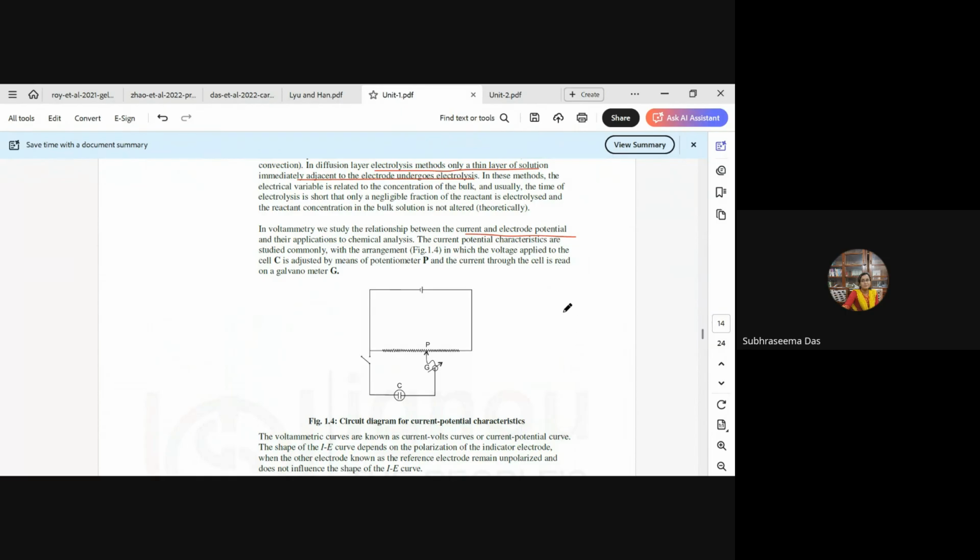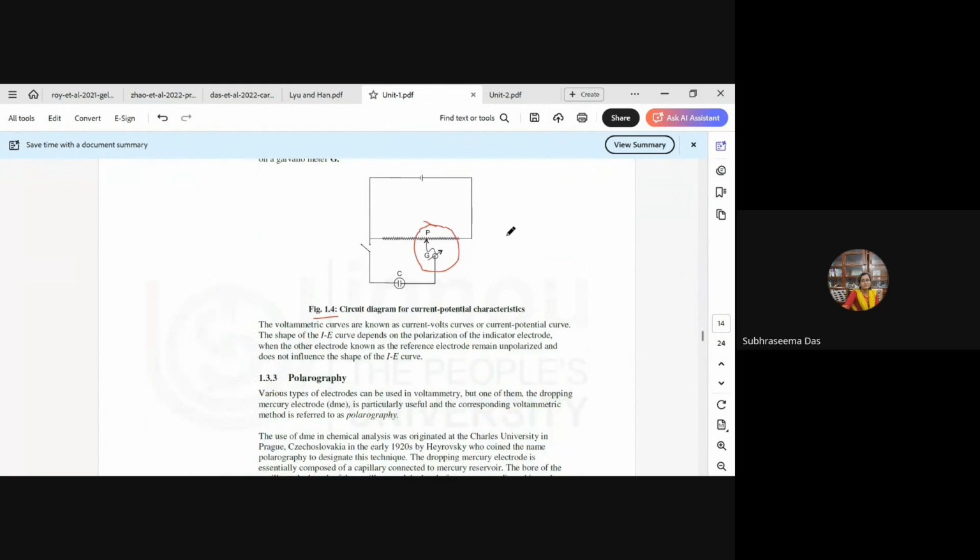This is shown in figure 1.4. The voltage applied to the overall cell C is adjusted by means of the potentiometer P, and the current through the cell is read by the galvanometer G. So we have the galvanometer and the potentiometer, which shows the EMF of the voltage applied to the cell.